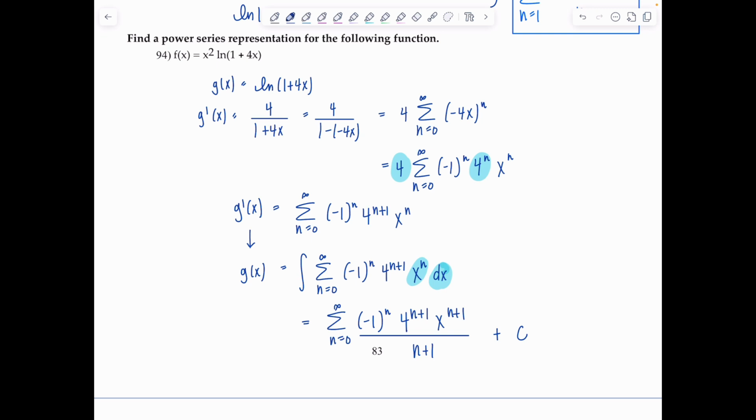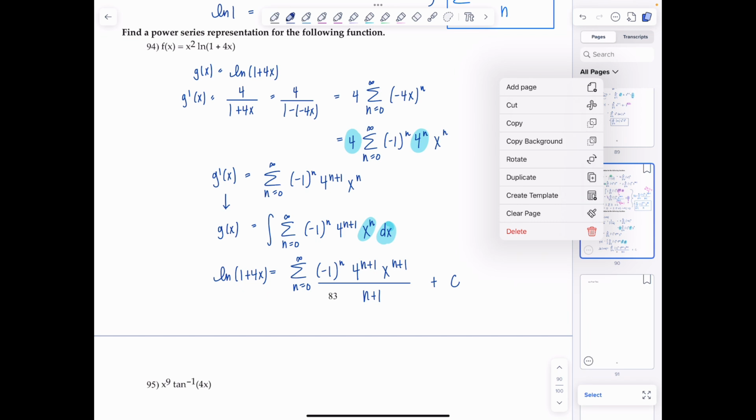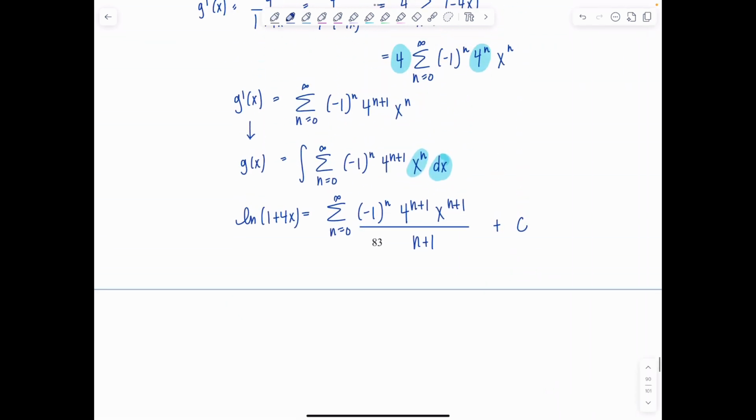Okay, and then we have here, this is g of x, which is ln 1 plus 4x. We need to find c, and we're going to do the same thing that we did last time. We're just going to substitute in 0 for x because that's where this series is centered. So that's going to make all of this just go to 0. So ln of 1 plus 4 times 0 is the sum of a bunch of zeros plus c.